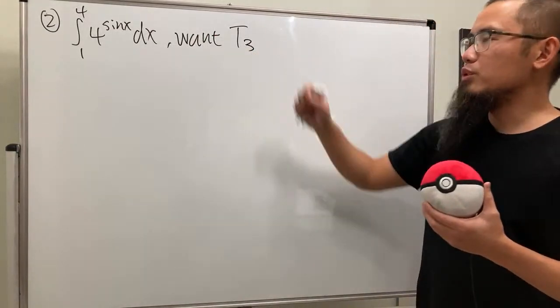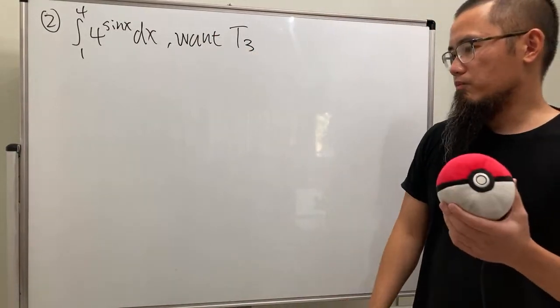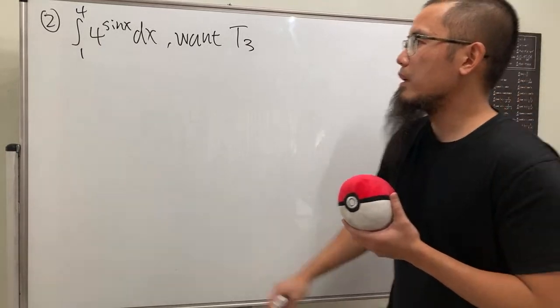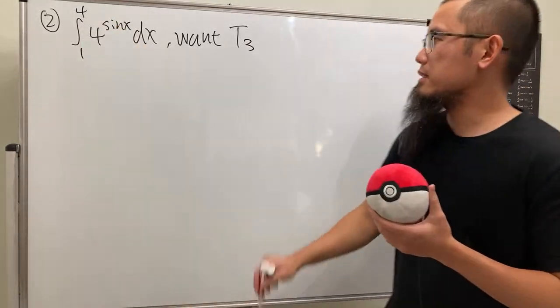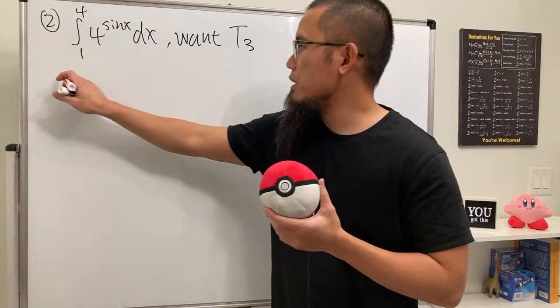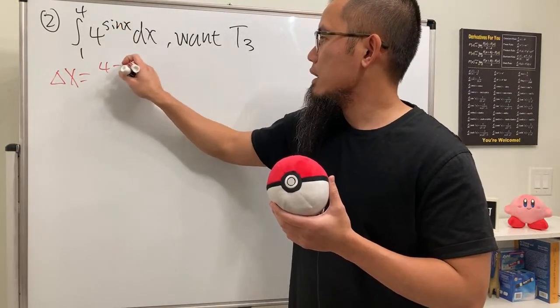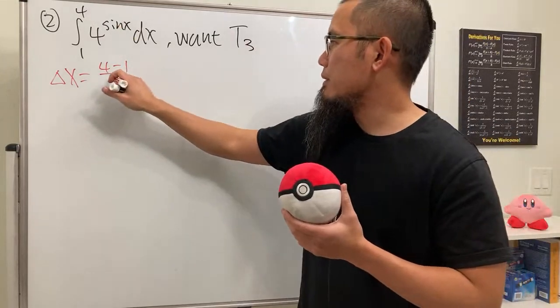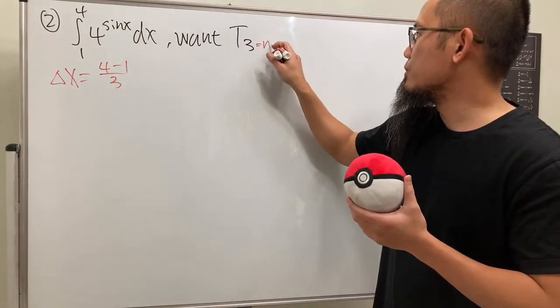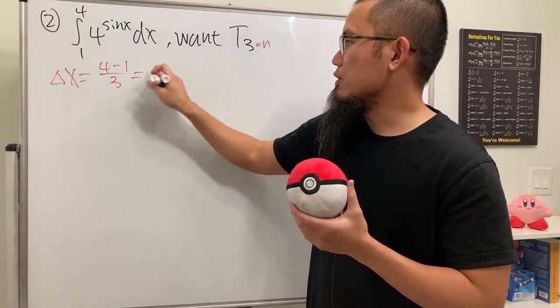So that's what T3 stands for. And this is what I like to tell my students to do. First off, compute the delta x. So delta x is just going to be 4 minus 1, divided by n, which is 3. Because this right here means n is equal to 3. And then, of course, delta x is just equal to 1.